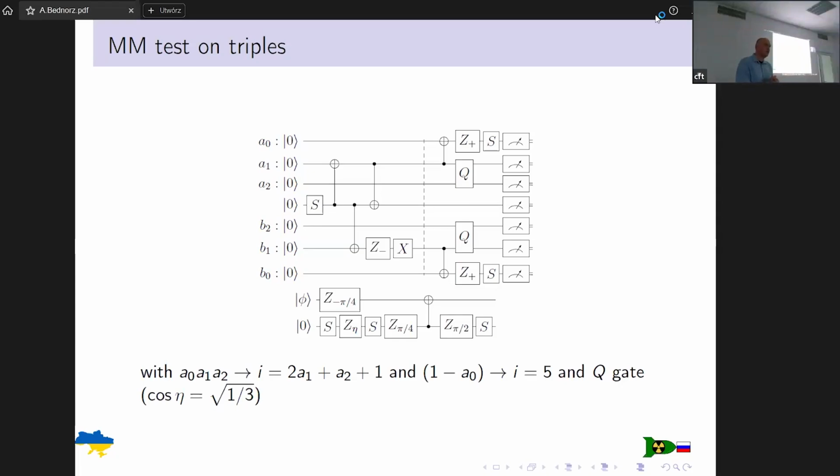Okay, yeah, very good question. The problem of this leakage to external states is that it makes problems with error correction, because usually error correction protocols assume that qubits are qubits, so they have only a two-level space, and you can make some correction, but you know that the error is only within this two-level space.